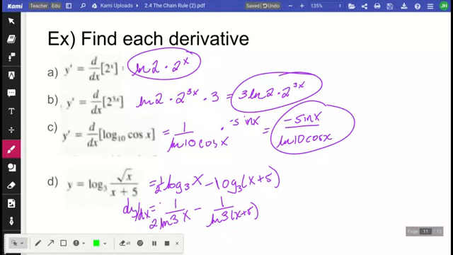I do think this would look better if we got a common denominator. So if we do that, they're just going to need each other essentially. So the denominator is going to be 2 natural log of 3. I don't necessarily need that to go twice. The left one has an x and the right one has an x plus 5. So we just took from everything that they all had so that we each have it all.